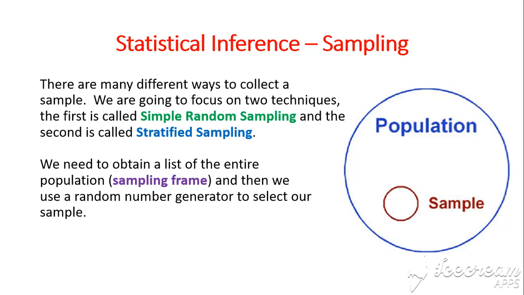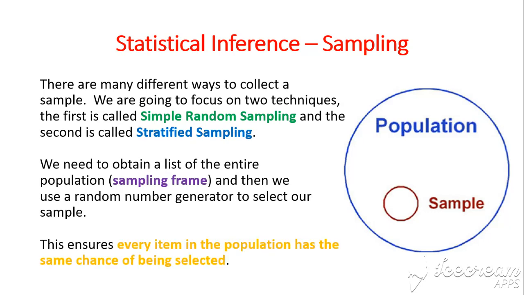Now, because we're using a random number generator, every item in the population has the same chance of being selected. Now that's vital because in part of our planning, we need to discuss why we're using this technique. And you need to make sure at some stage you do discuss that every item in the population has the same chance of being selected.